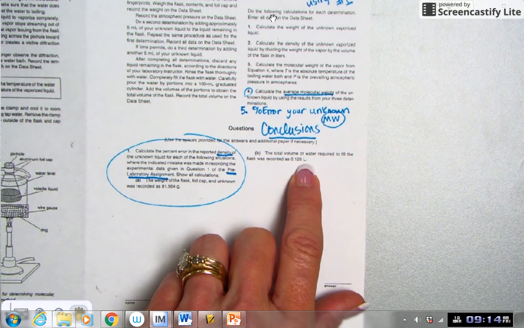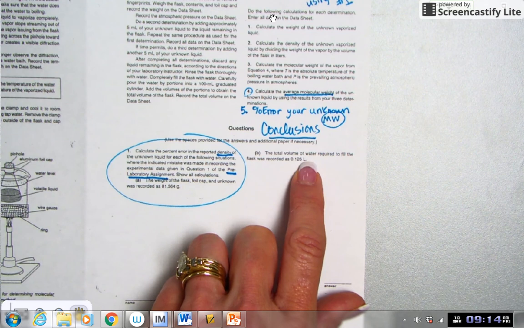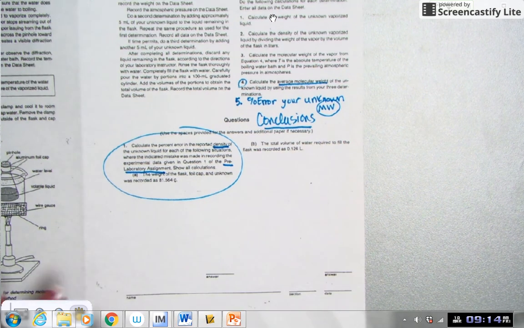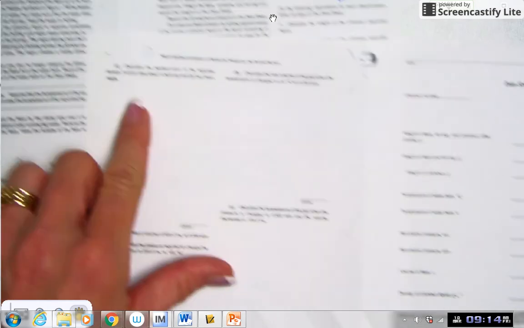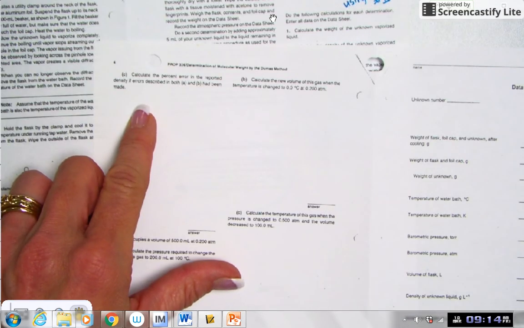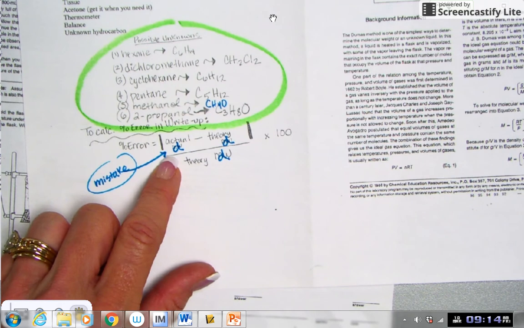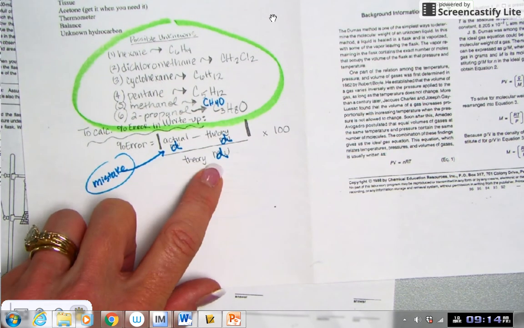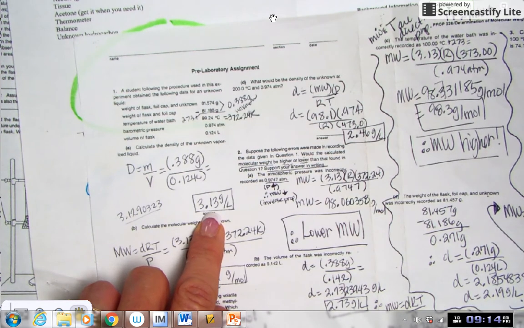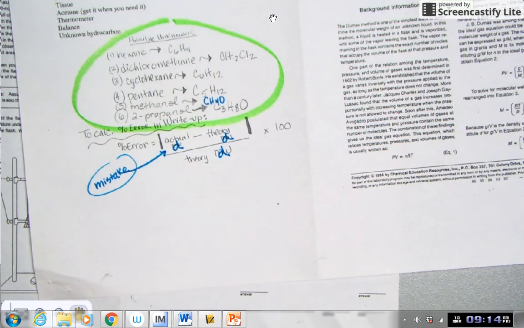For B, make the mistake that they indicated here, plug that in for your actual density. And then in C, you're going to make the mistake here, and then calculate the density using that information. And that's what you would plug into the formula for the actual density. Again, the theoretical density is going to be 3.13 grams per liter.